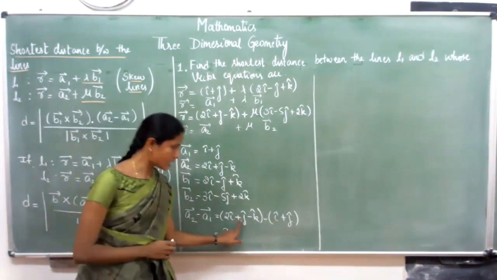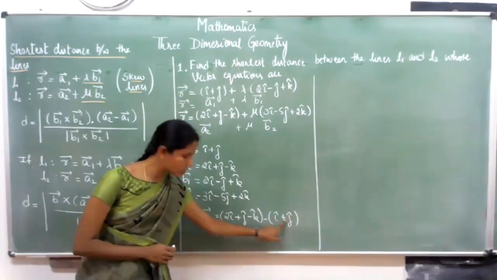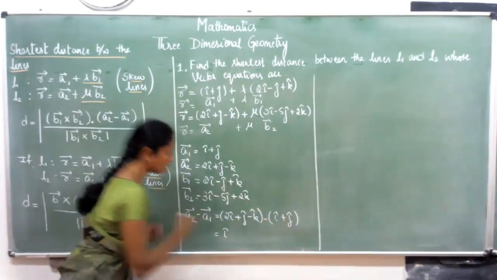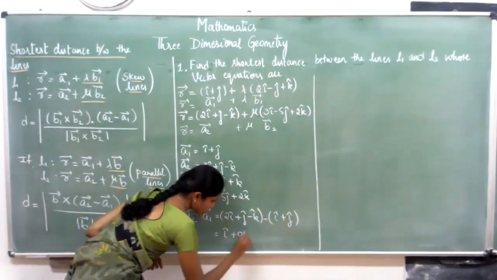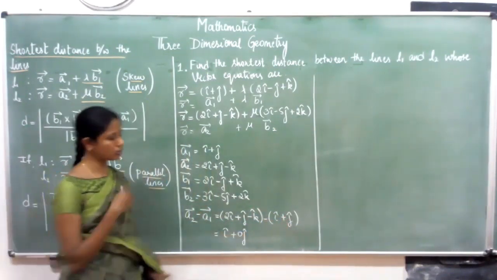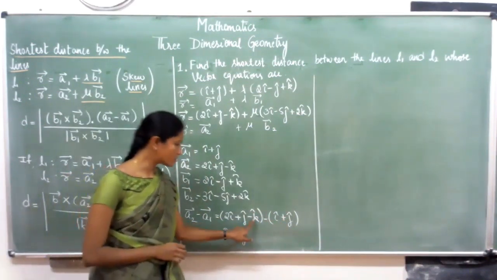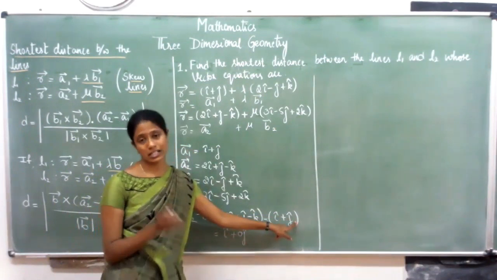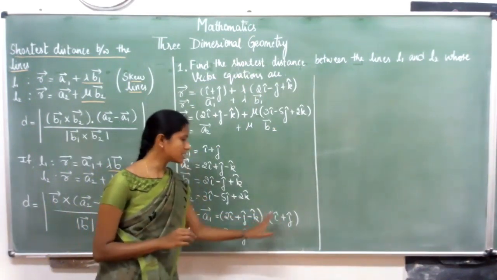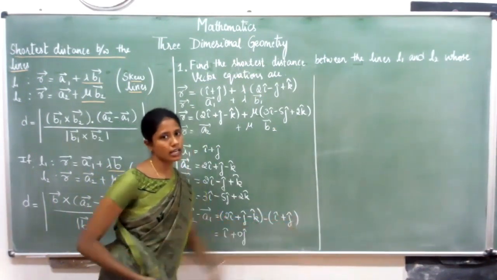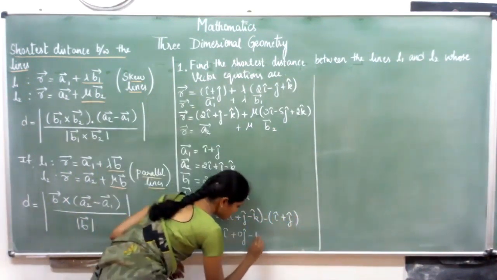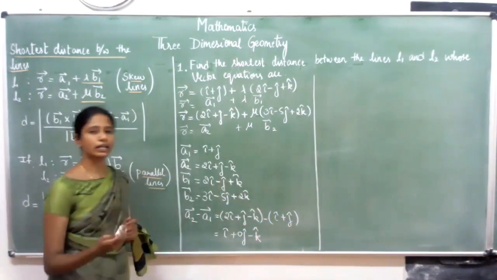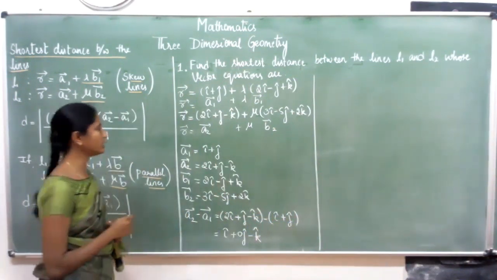Next, j cap minus j cap is 0j cap, or you can even not write it. Next, minus k cap: there is no k component in a1, so it is understood to be 0, so minus k cap minus 0k cap is minus k cap. So we found vector a2 minus vector a1.